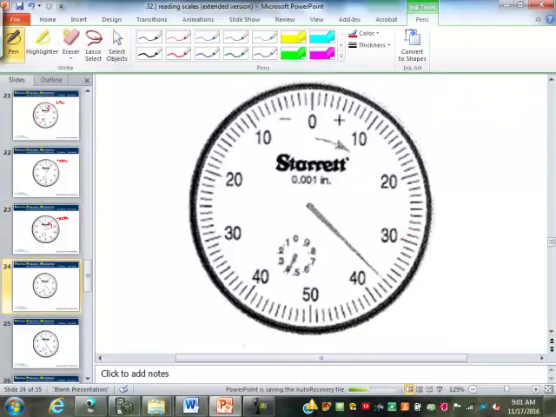How about this one? Positive or negative? It is positive. So 0 point. Yes, it has passed the 4. 30. 1, 2, 3, 4, 5, 6, 7. You are correct. So 0.437 inches.